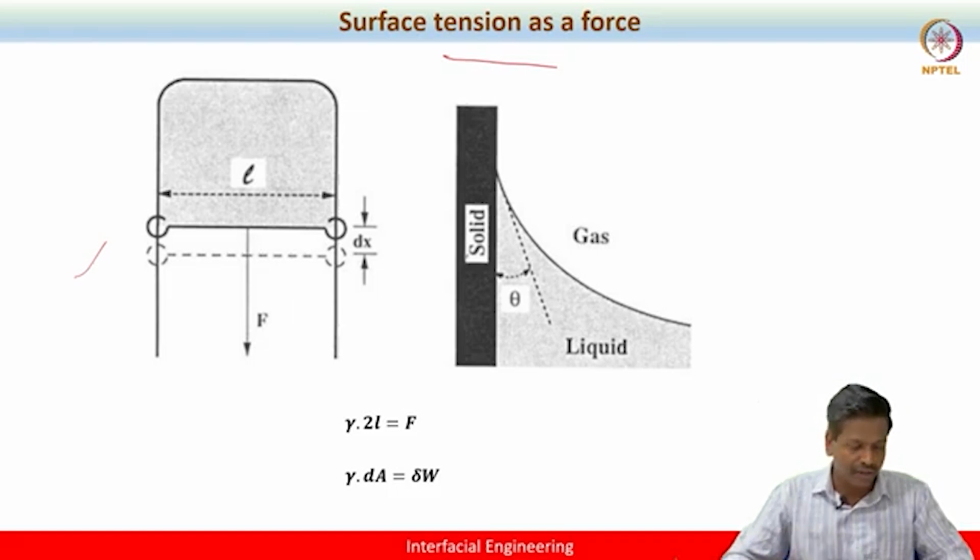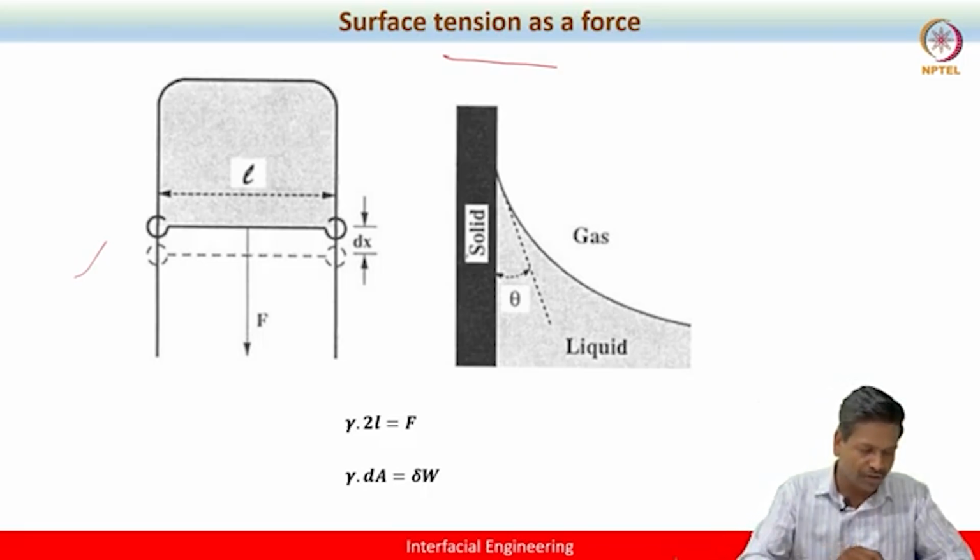For brevity, this container is shown upside down, just kept inverted, although in reality it is not, just to show the action of surface tension so that it is very easy to capture. That's why this schematic is shown.